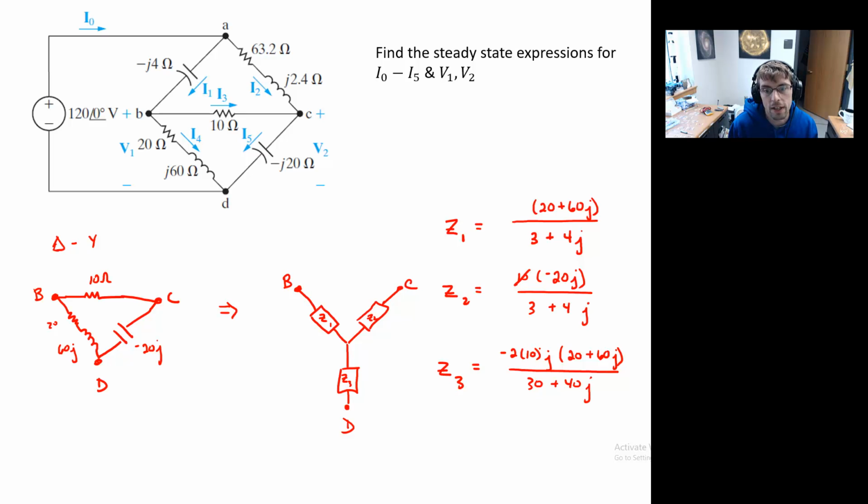Again, I notice I have that 10, so I'll go ahead and take those out. And so I get something like negative 2j times 20 plus 60j over 3 plus 4j.